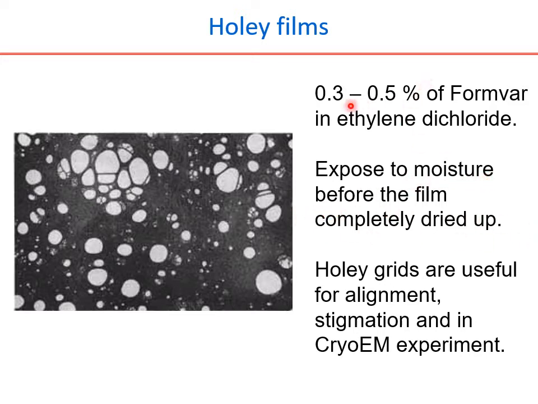Now for the continuous film, we let the Formvar dissolved in ethylene dichloride dry in the open air. Thereby the ethylene dichloride will evaporate, leaving only the Formvar. The Formvar will form a uniform continuous film on the microscope slide that was used in the last session for depositing on the electron microscope grids. Now between these two steps, before formation of the film, we expose it to the moisture.